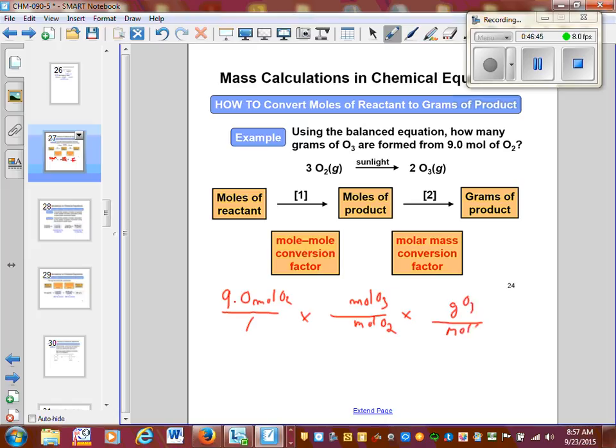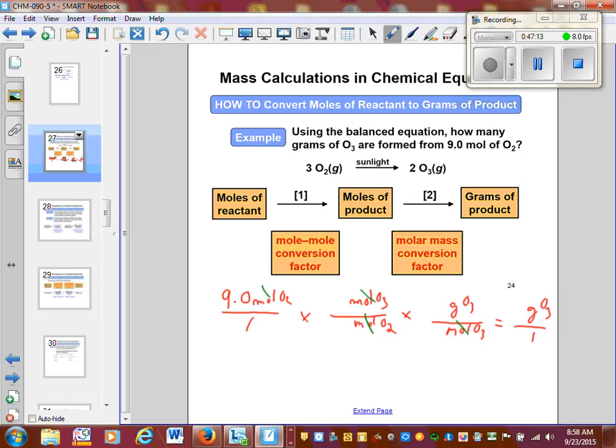Look at this. This cancels, and we're left with grams. So when we go from moles to moles, we use what, according to the map? Coefficients. What's the coefficient in front of O3? What's the coefficient in front of O2? 3.